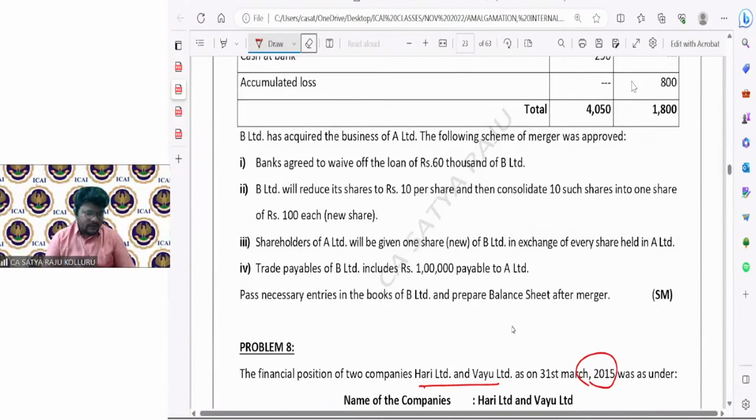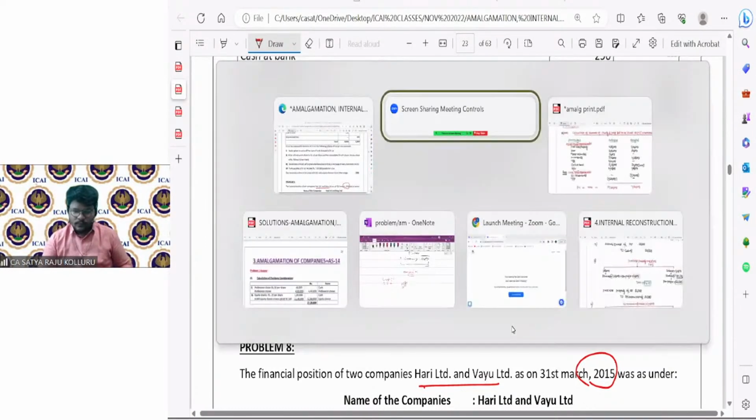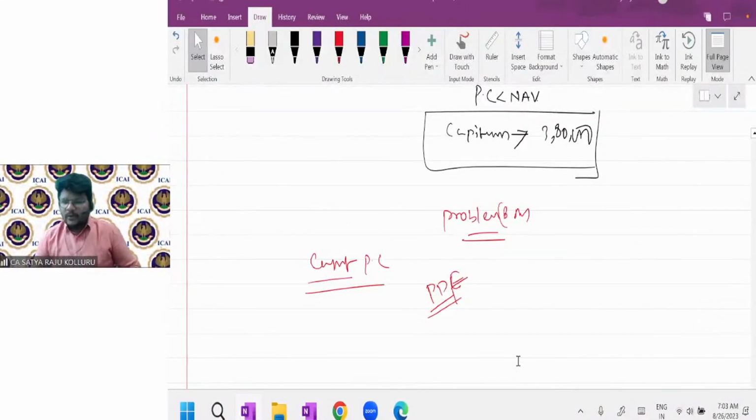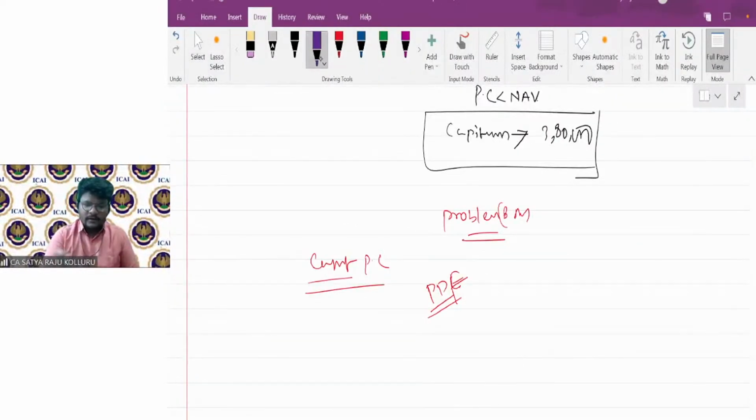And the other doubt, in another problem, patents are not taken over. That's a good doubt. Please concentrate. According to my procedure, if any particular asset is taken over by the purchasing company, you can transfer it to realization. But if the particular asset is not taken over, you need to open it separately.